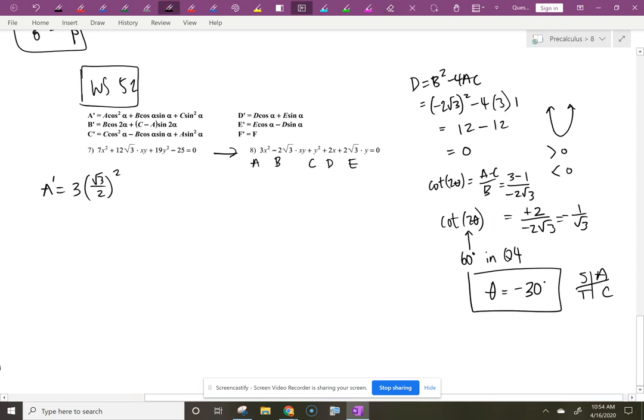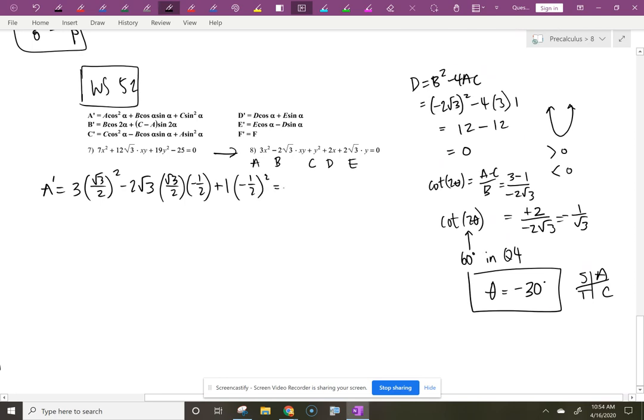Negative 2 roots of 3. So minus 2 root 3 times the cosine and the sine. The cosine is root 3 over 2, and the sine is negative a half. And then plus C, which is 1, times the sine squared, negative a half squared.